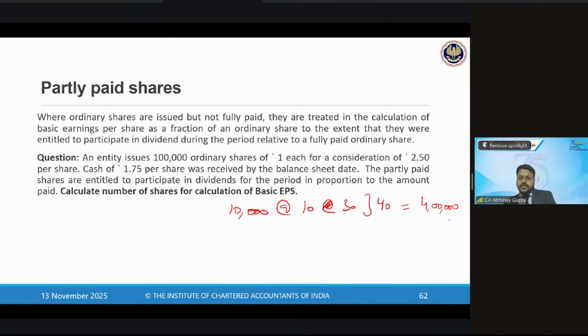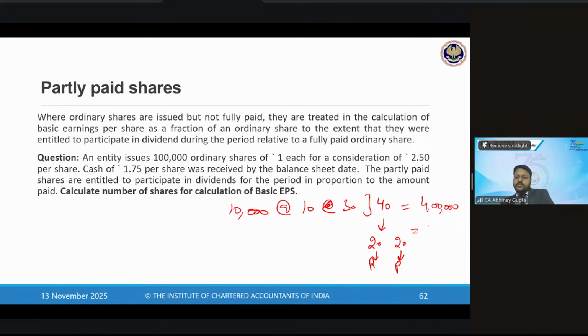Yes, 4 lakhs. But because the company has not yet received the full application money, or has not called the full money, the shares are issued at, say, instead of 40, only 20, and 20 rupees is pending. So 20 is received and 20 is pending, correct?